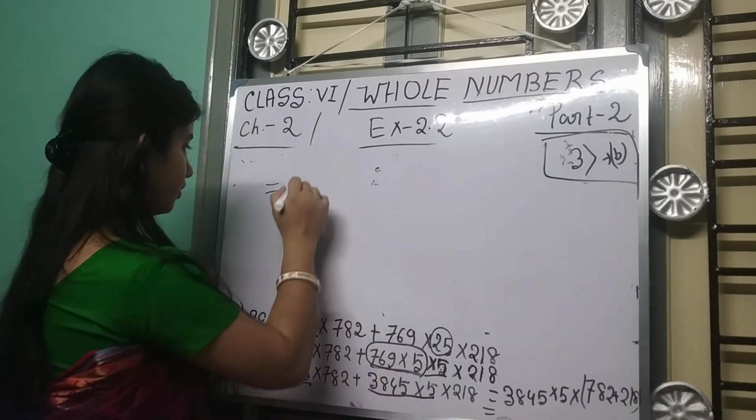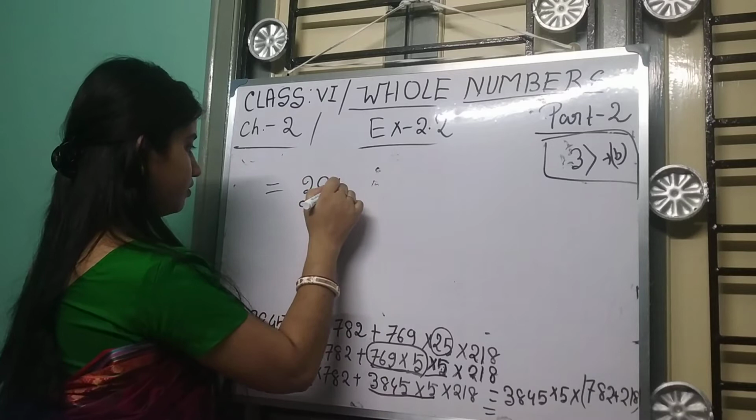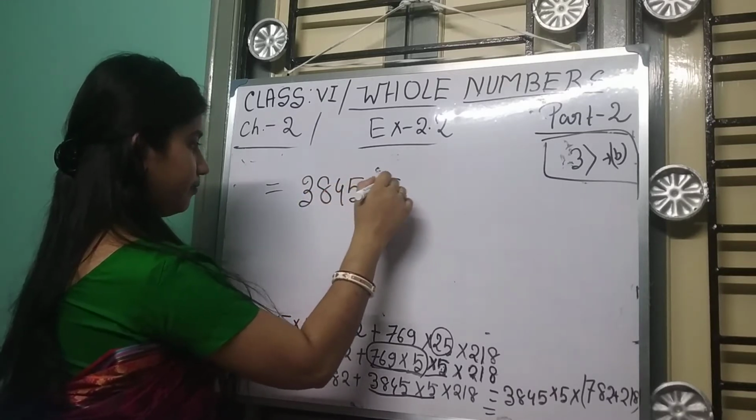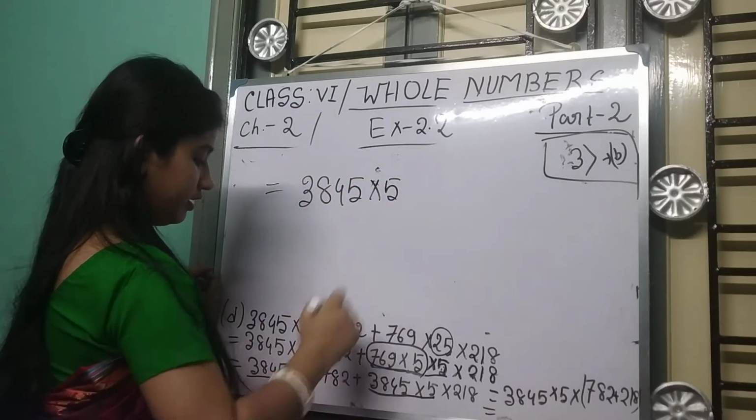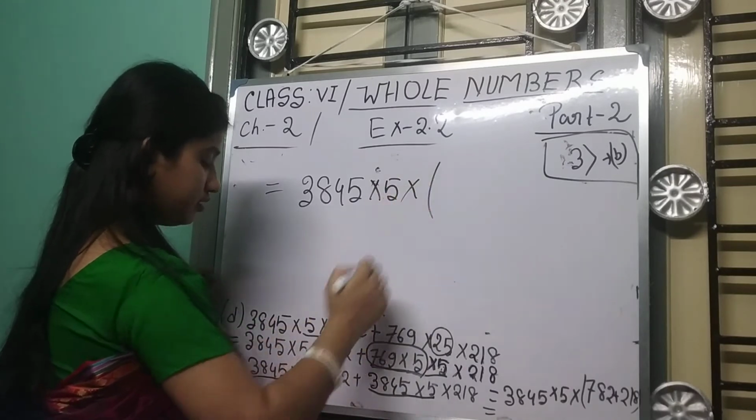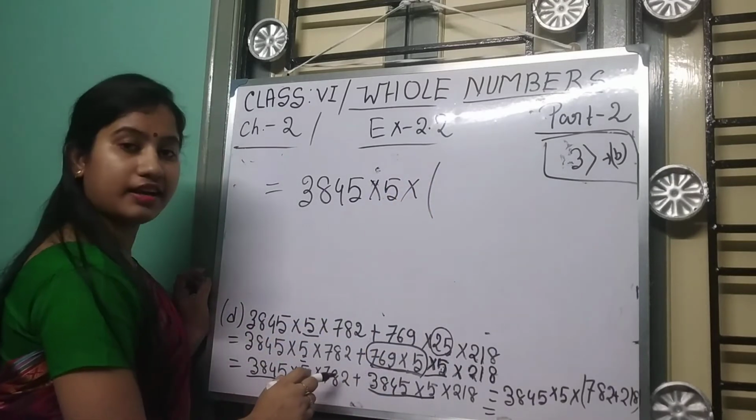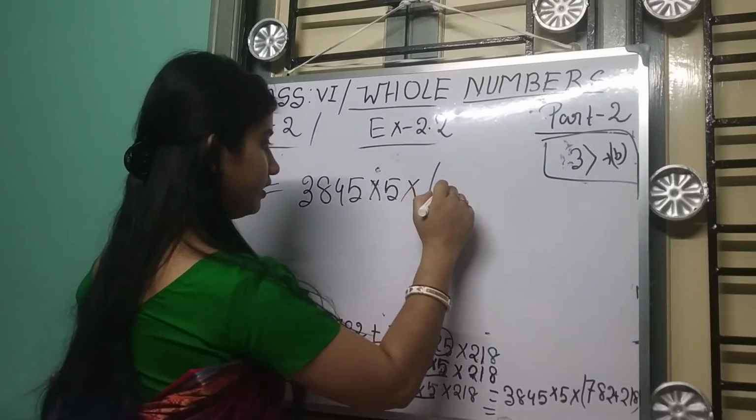So we take this number common into 5, and next write in the bracket 782 plus 218.